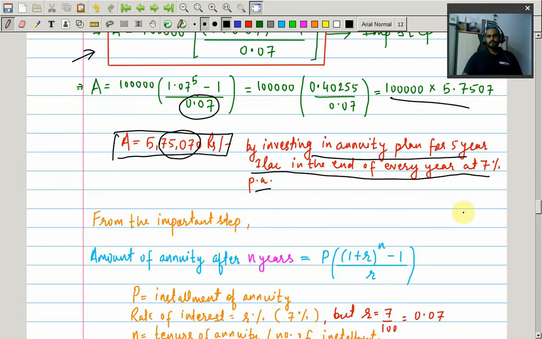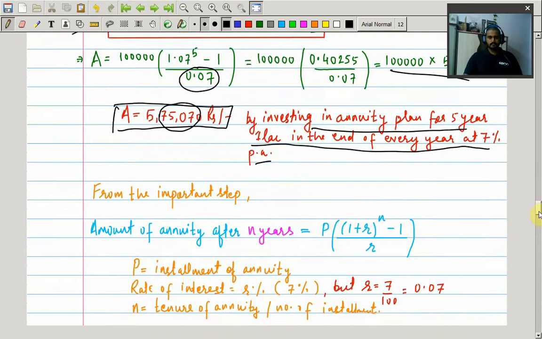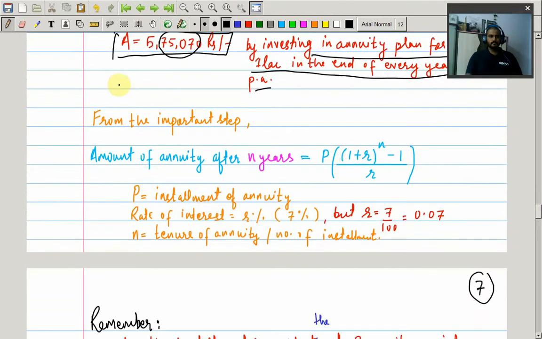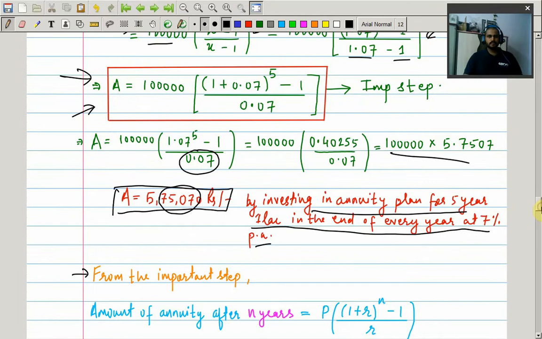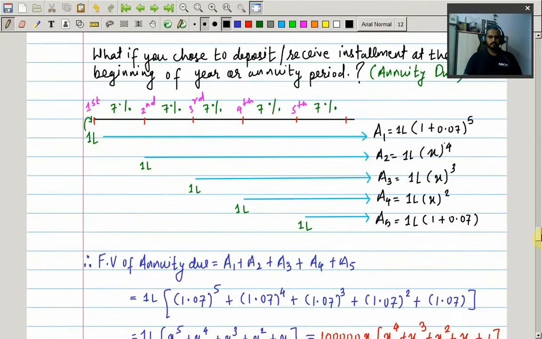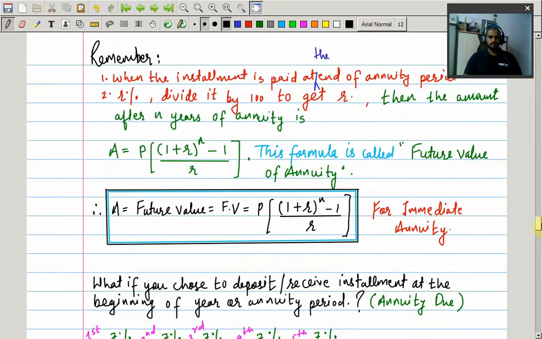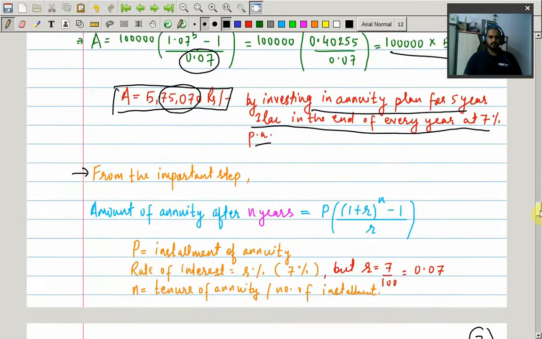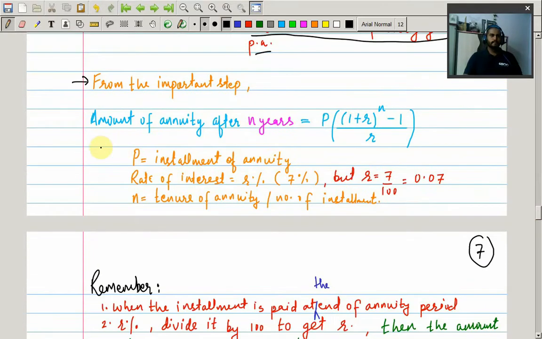So from the important step, that step in the red box, I want the formula for the amount of annuity after n years.